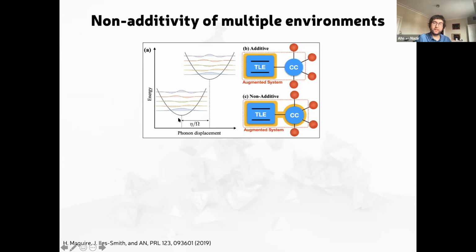So there's a vibrational manifold associated with the ground state of the two-level system, and then a vibrational manifold associated with the excited state, and there's some displacement between the two due to the non-zero coupling between the system and the phonons. And what we can see immediately is this is going to alter things like the spontaneous emission rate, because the overlap of the vibrational states between the different manifolds is also going to impact how strong the rates are for emission from the excited to the ground state.